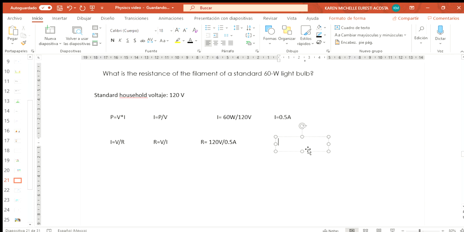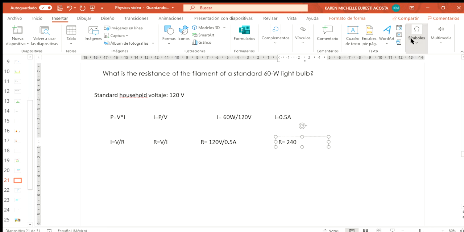We make the operation and we have that R, that resistance, is 240, and it's represented with the omega symbol, so we are going to put it there.